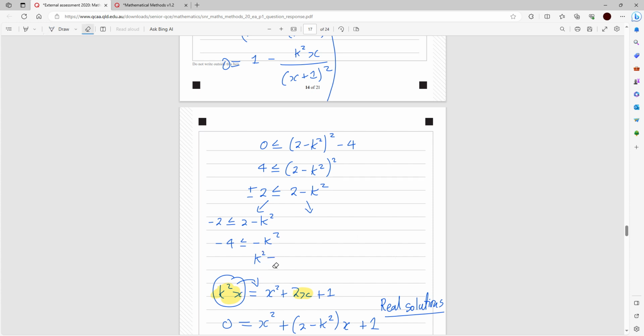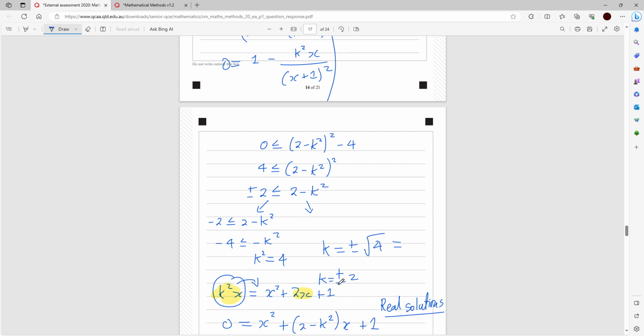If you divide by negative, 2 squared, divide by negative, k squared is equal to 4. Yep. And then you take the square root of both sides. So plus or minus the square root of 4, which is plus or minus 2. So k is equal to plus or minus 2.